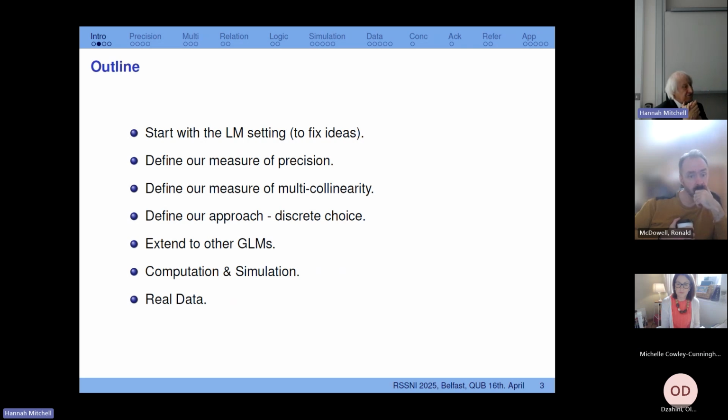And then we're going to move out of the LM paradigm into other GLMs. I'm going to talk a little about computation and simulation, and analyze a set of real data, show you the analysis and the method in practice. Okay? That's the basic idea.